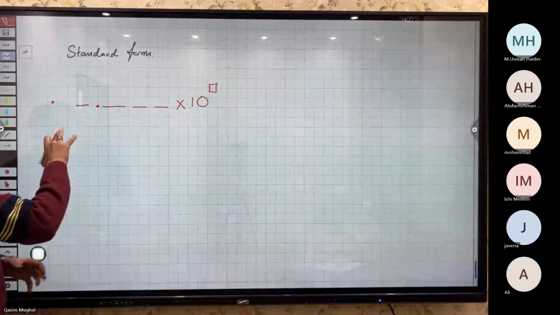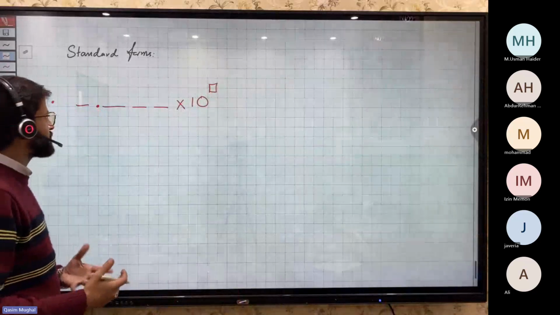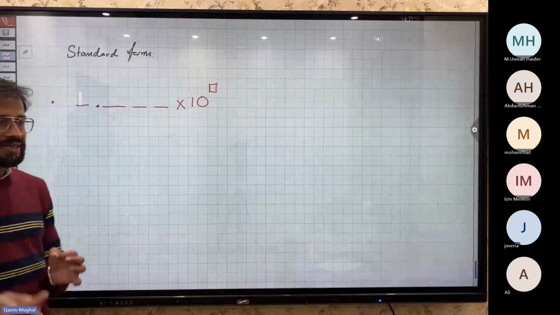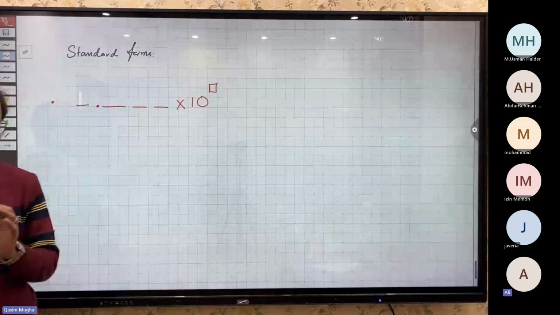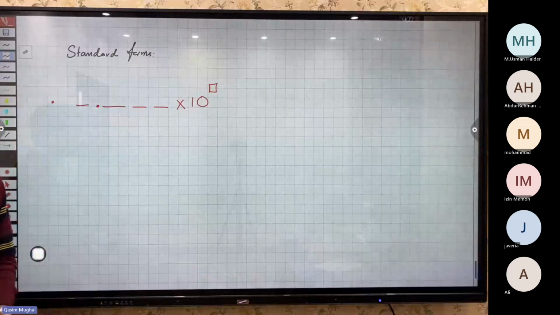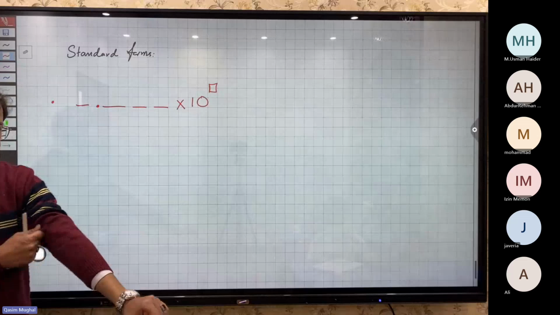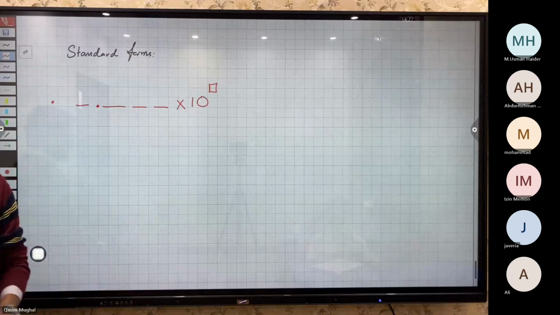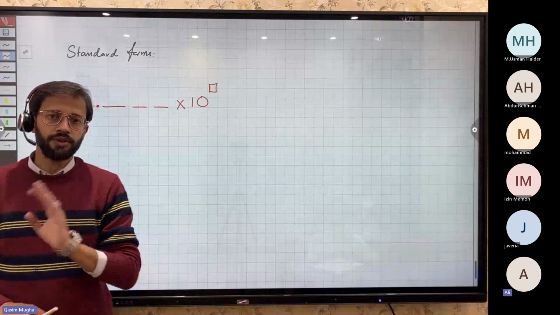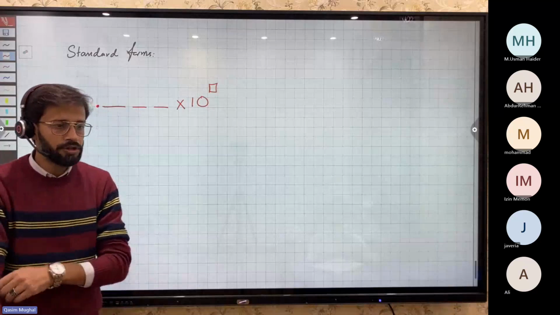According to the definition, in order for a number to be in standard form, there should be only one digit to the left of decimal. And that's not it. That one digit should be non-zero.